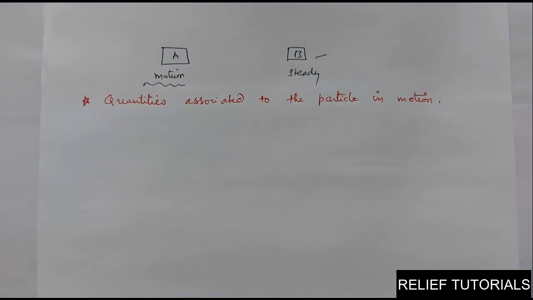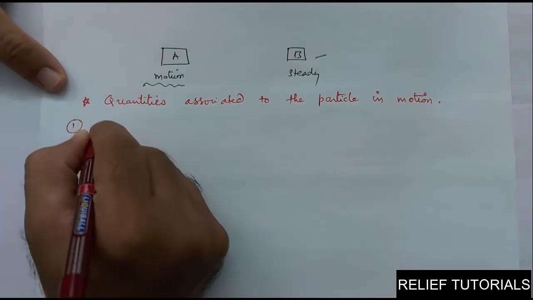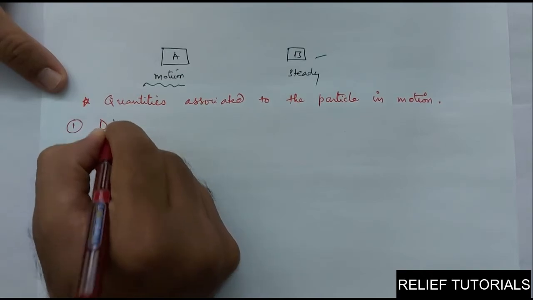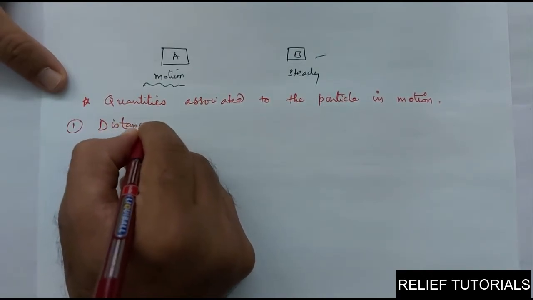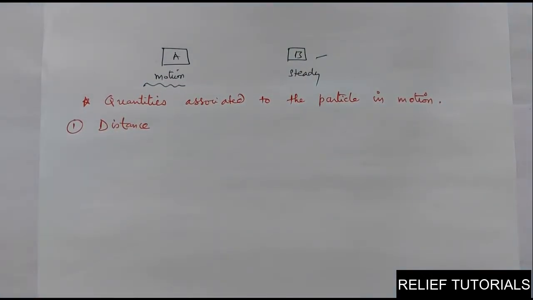So when the particle is in motion, many physical quantities can be connected to that. So let us study those quantities one by one. First important quantity to be studied is distance travelled. What do you mean by distance?